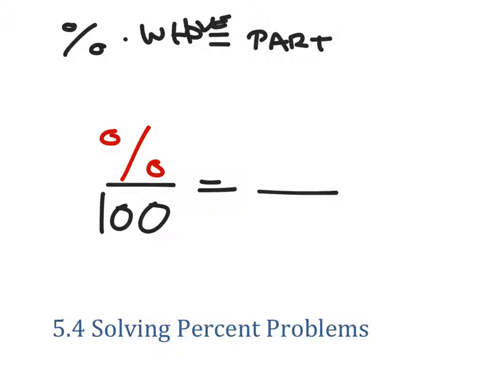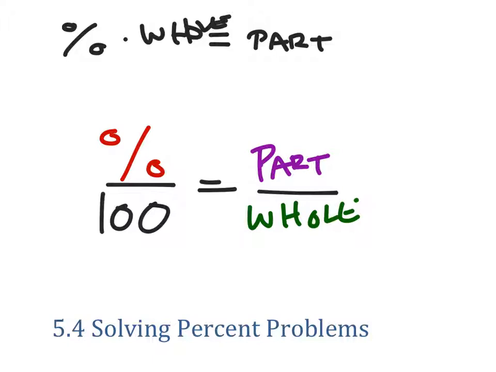But then the percent always represents a part of the whole, even if that percent is more than 100%, okay? So you can have more parts than a whole, right?